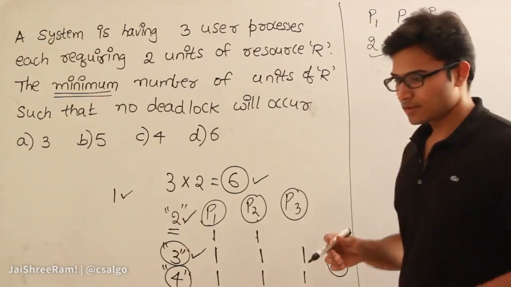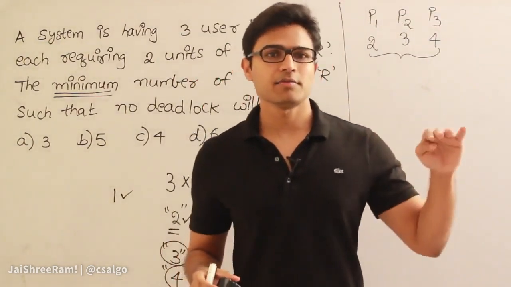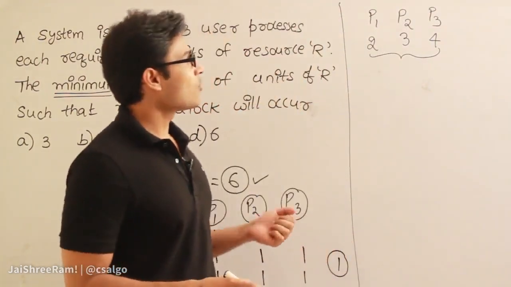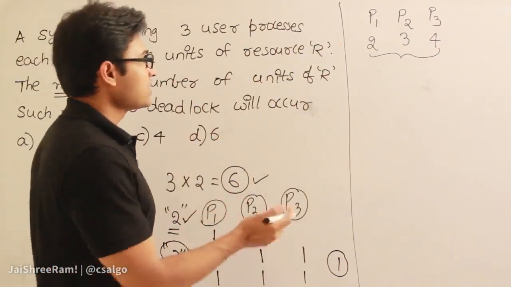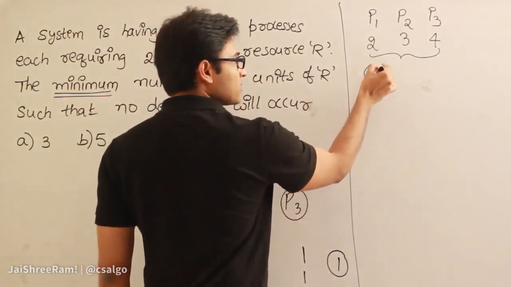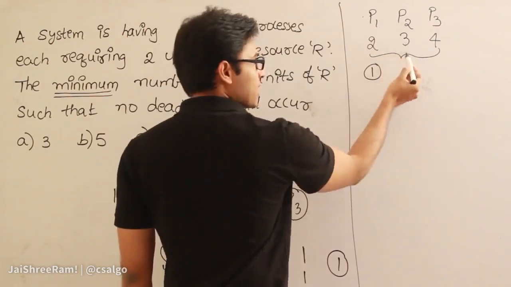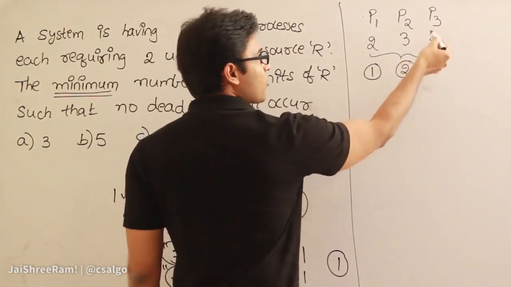In order to answer this, you should find out how many resources at maximum, even if provided, will cause a deadlock. So what is the worst case in which they will fall in a deadlock? Since P1 requires 2 resources, if I assign 1 resource, it will keep on waiting for the other one. And since P2 requires 3 resources, if it gets 2 resources, it will wait for 1 more. And what about P3?